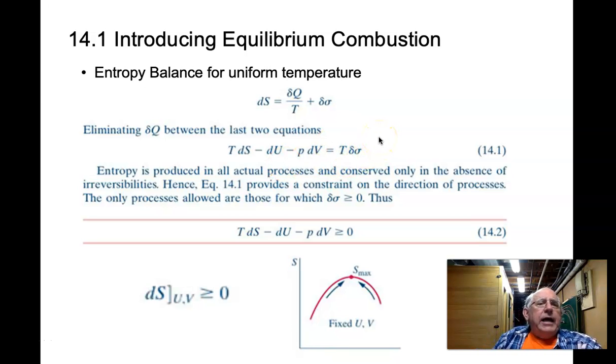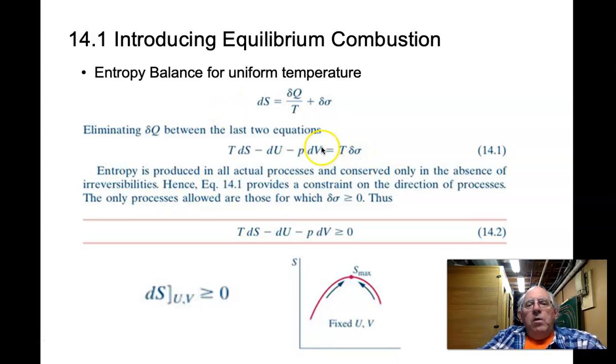So in essence, that is the equation representing the first and the second law of the system by eliminating the delta Q. And so it's talking about what's happening to the change of entropy and the change of internal energy, as well as the pressure volume change, and how those three terms combine to represent the irreversibility associated with actual processes.